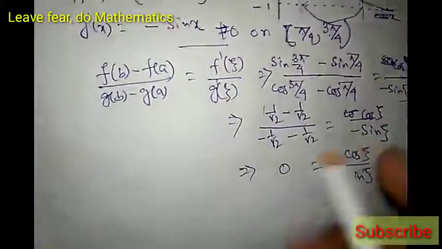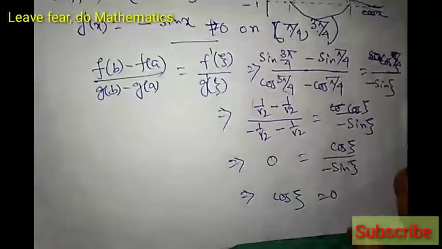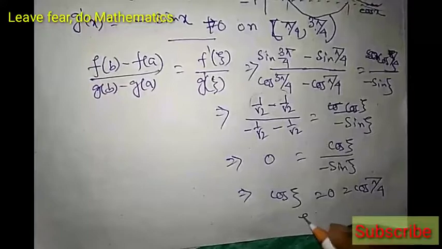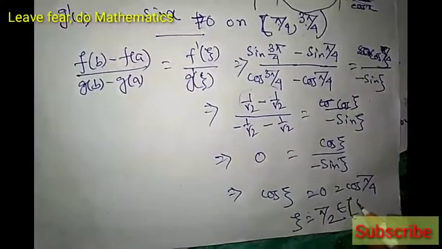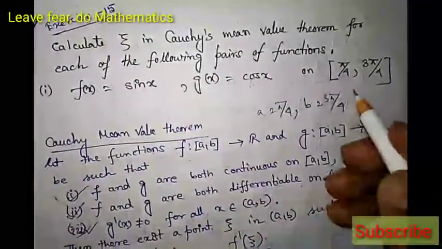This implies cos xi equals 0. Now when is cos xi 0? Cos xi is 0 at pi/2. So xi equals pi/2, and clearly pi/2 belongs to the interval (pi/4, 3pi/4). So our xi is pi/2, and we have found the value of xi.